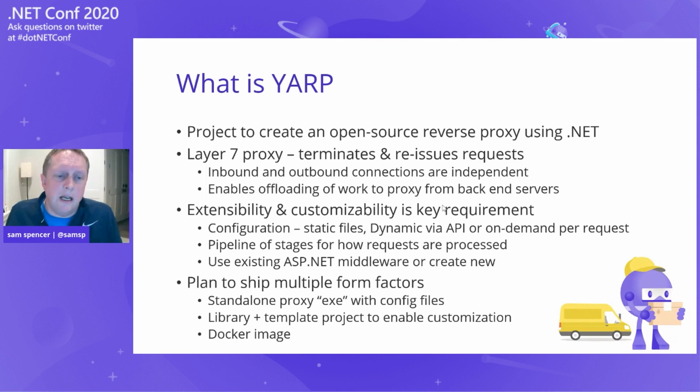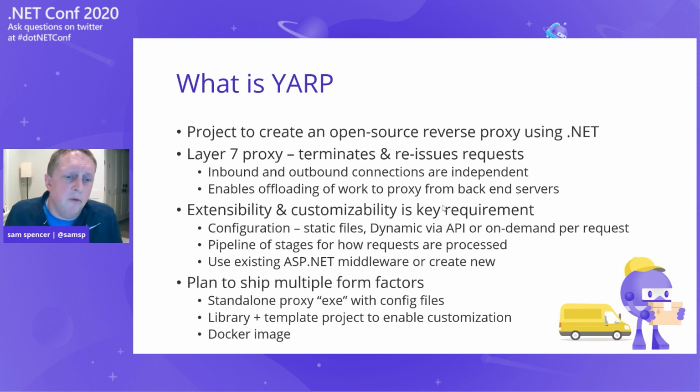In fact, we are an ASP.NET middleware component. And so you can hook us in and use existing ASP.NET middleware components and then add additional proxy components or replace the components we have supplied already to do what you need to do. So if you need to manipulate headers inbound or outbound between the end user and your servers, you can do those very easily using code that you know how to write.